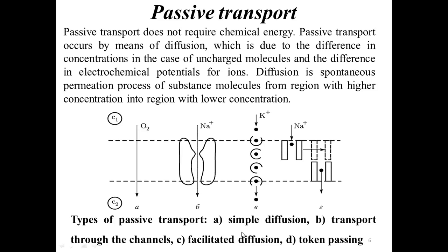In this picture, you can see the main types of passive transport. Simple diffusion, when we have penetration of molecules of solvents through the membrane directly; transport through the channel, as we have for sodium ion; facilitated diffusion, an example is for potassium ions; and token passing.